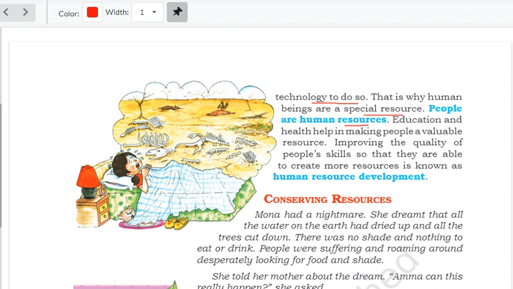Education and health help in making people a valuable resource. These two help in making people a valuable resource. Improving the quality of people's skills so that they are able to create more resources is known as human resource development.